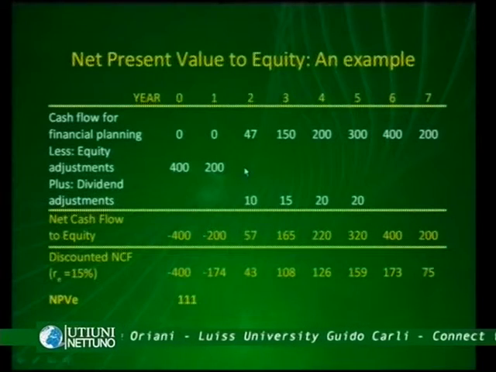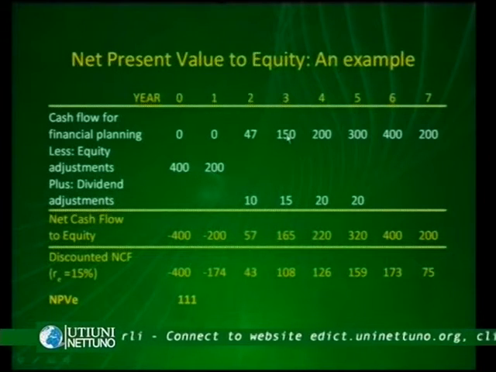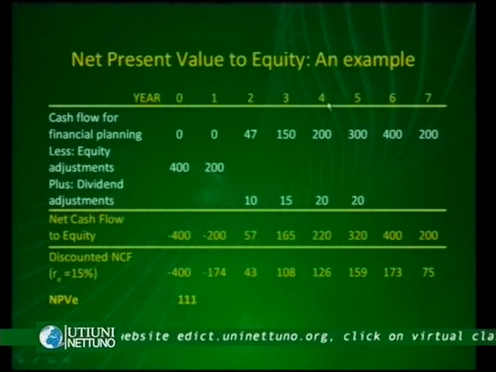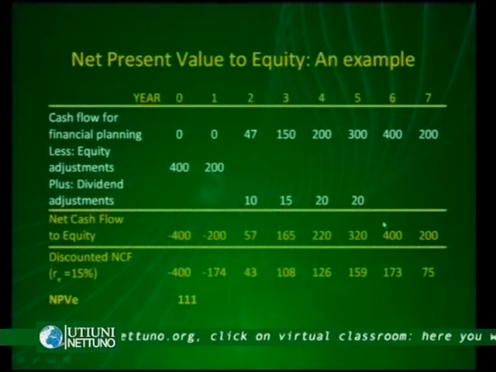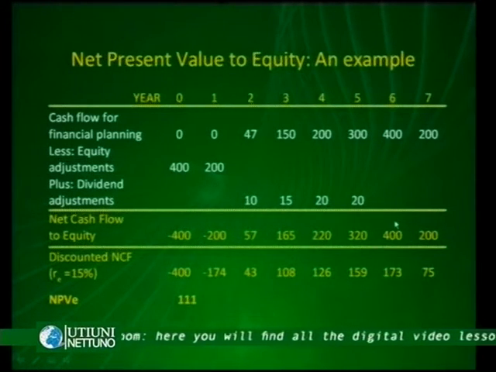So we'll have a cash flow to equity of 57 in year 1, that is equal to the cash flow for financial planning of 47 plus 10 of dividend. A cash flow of 165 at year 4, that is equal to a cash flow for financial planning of 150 plus a dividend of 15. Cash flow for financial planning of 200 plus 20 of dividends in year 4 for a total of 220. And so on. So we have a net cash flow to equity of 320 in year 5, a net cash flow to equity of 400 in year 6, and a net cash flow of 200 in year 7.